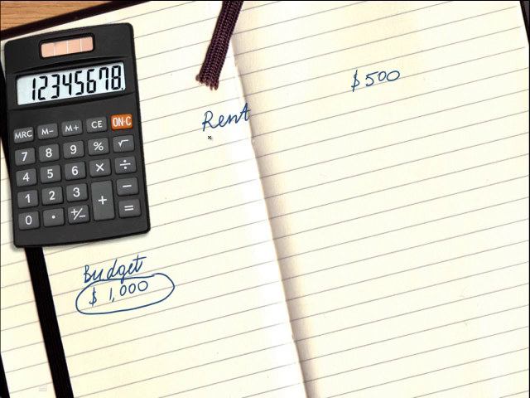Next, we have utilities. And that's your gas, electricity, your water and sewer bill, garbage removal. So this is about $200 a month. Next we have internet, TV, and phone service. These are landline or cell phone.